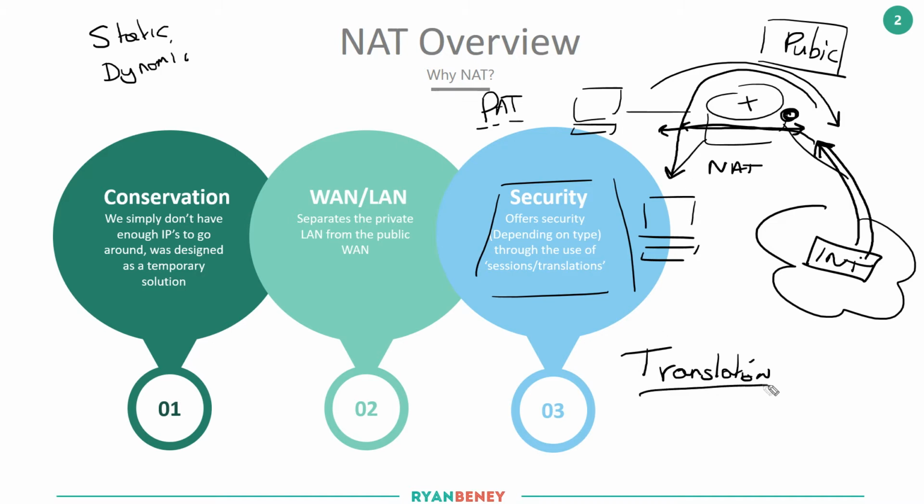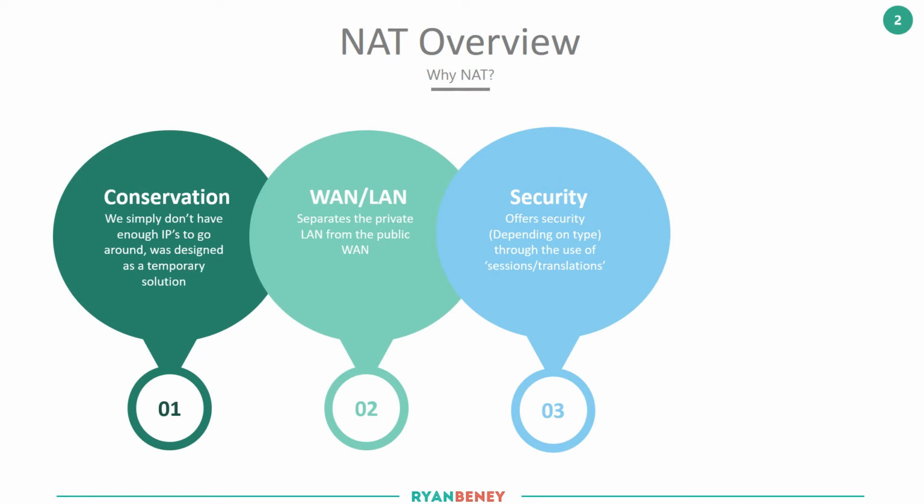So through the translation that's happening inside the router or firewall that's performing NAT, it in turn offers some basic level of security by only allowing through the response to the translations that were originally sent by a host inside the network.